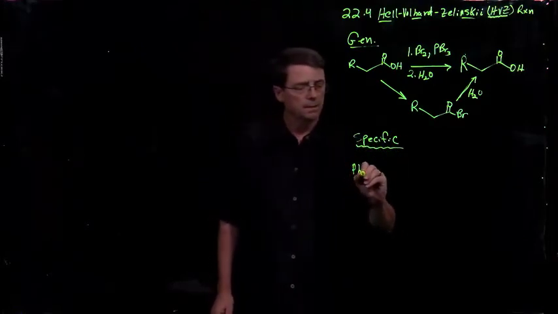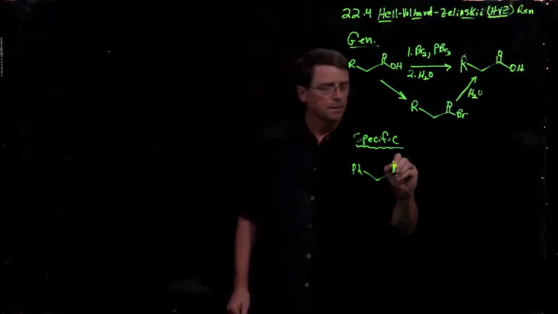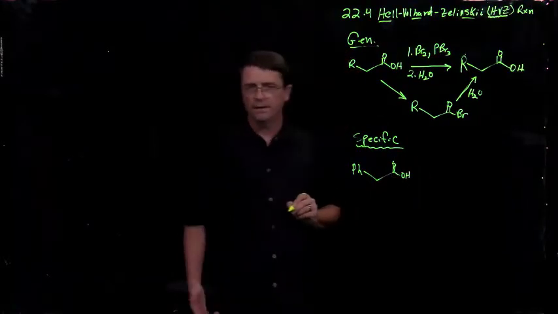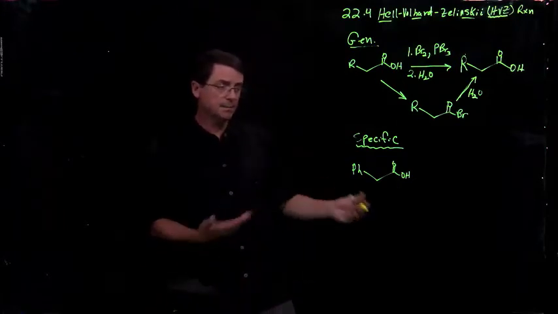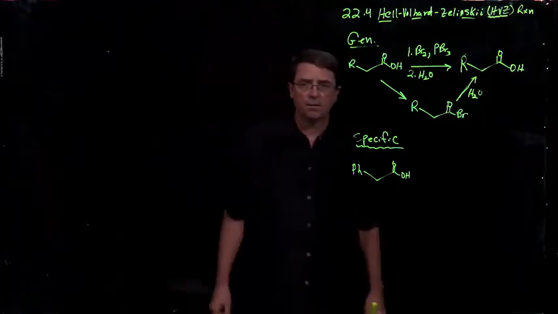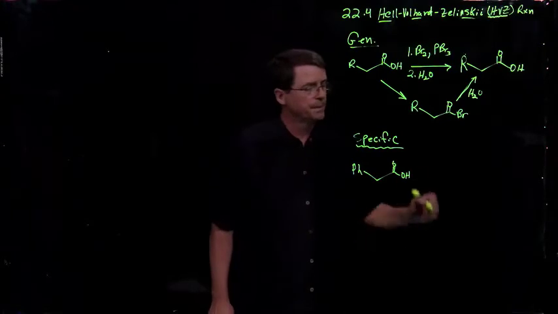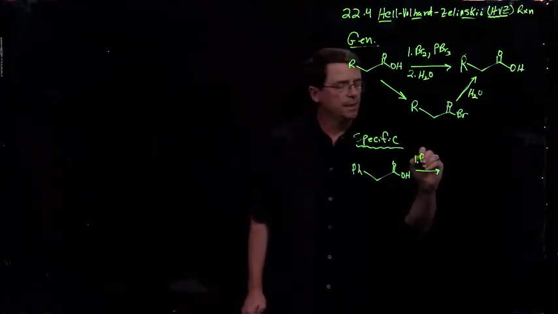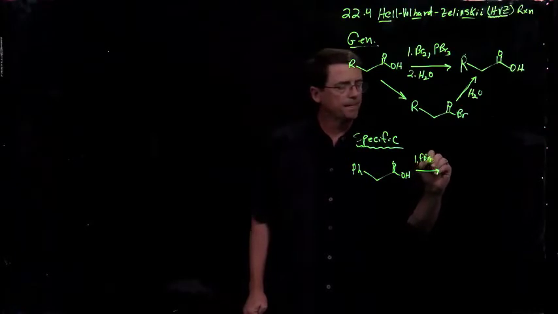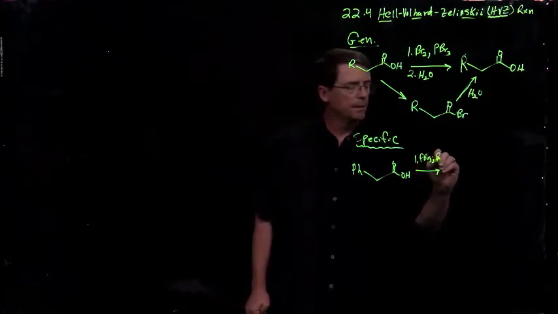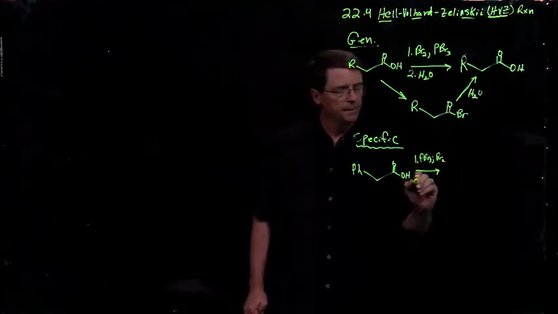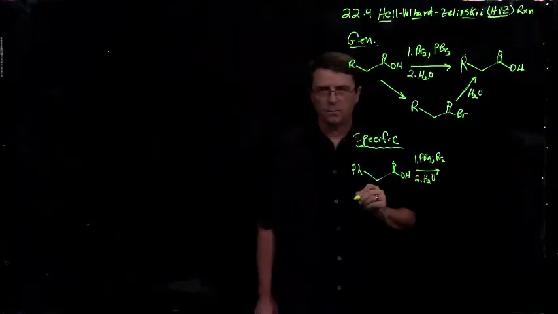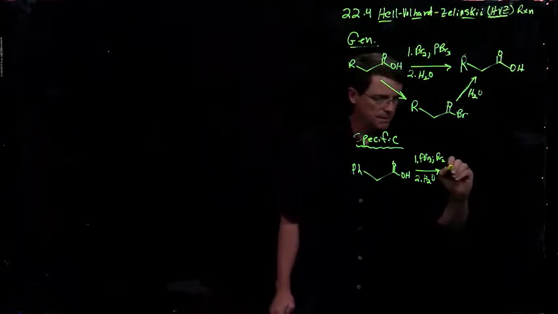Let's look at a specific example and then we'll look at the new mechanism. So if we had phenylacetic acid, I don't have to say alpha phenylacetic acid because there's only one carbon that it could be attached to. We treat this with first PBr3 and then Br2, and then after that reaction is complete we add water and allow it to hydrolyze.